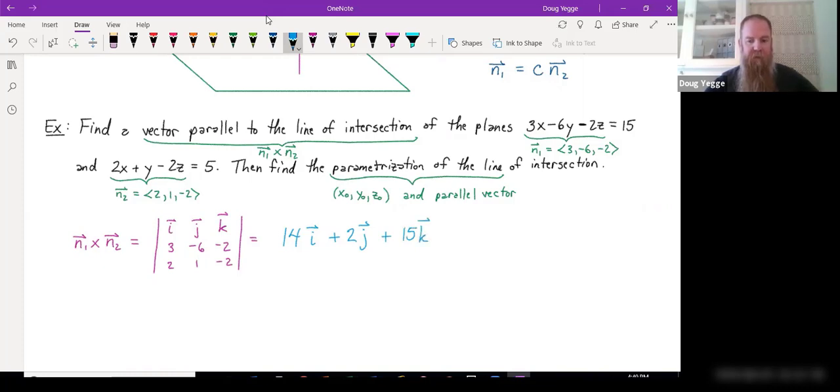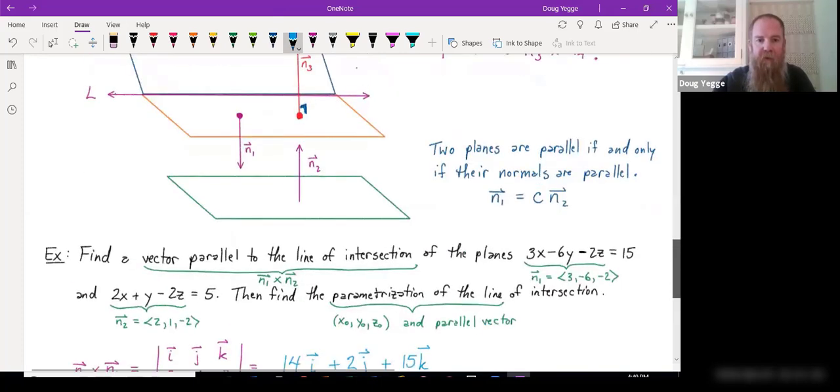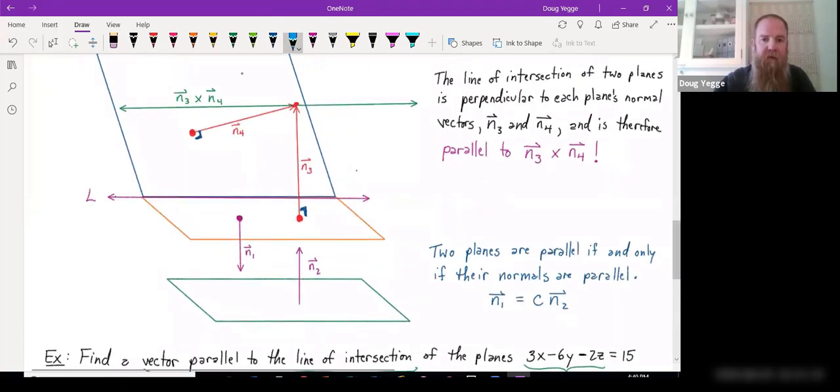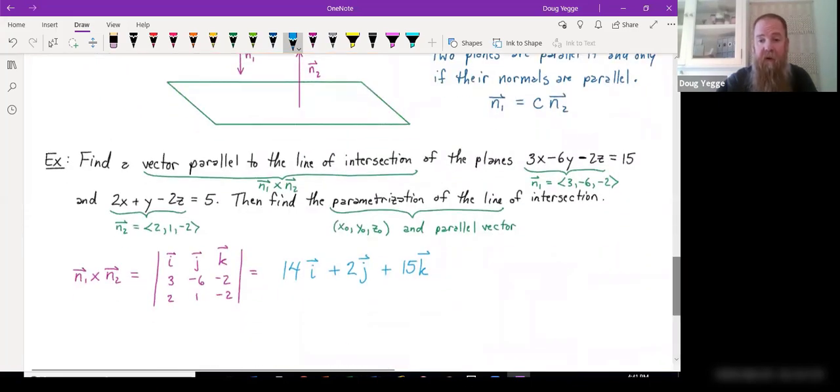So let's look back to our diagram and see what that demonstrates. That cross product is the cross product between the two red normal vectors of the planes, and we know it is parallel to the line L. In order to come up with a parameterization, we needed to know that parallel vector, and so this parallel vector is the vector v in our parameterization.